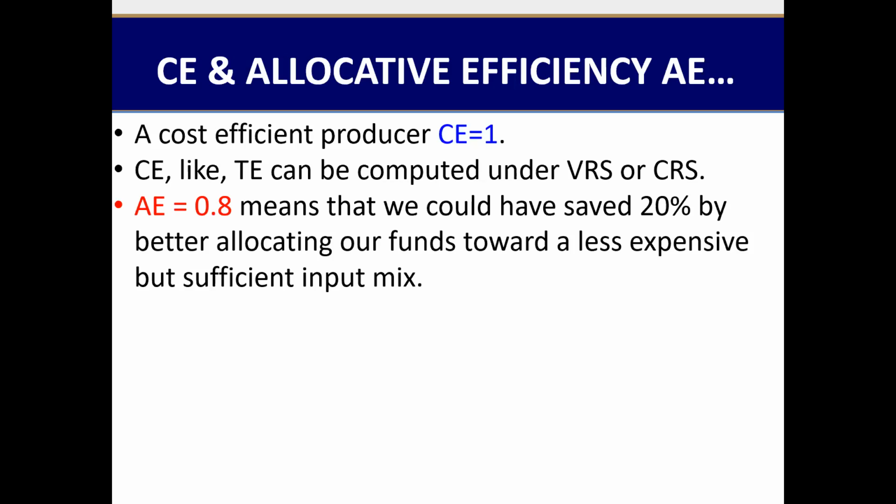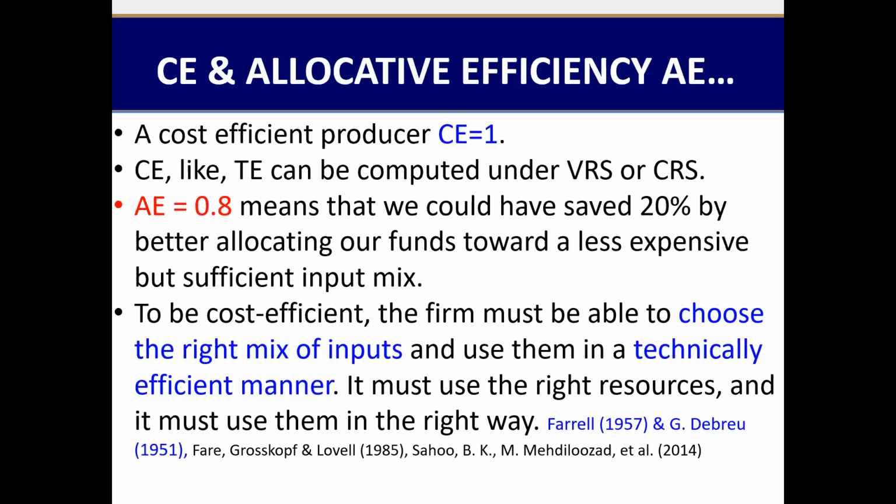Now, allocative efficiency is not easily interpretable, but we'll do our best, and we'll be doing a lot of interpretation of these things here. So just be ready for that.